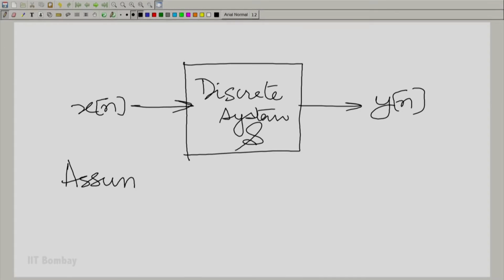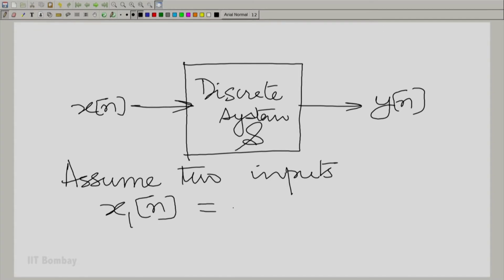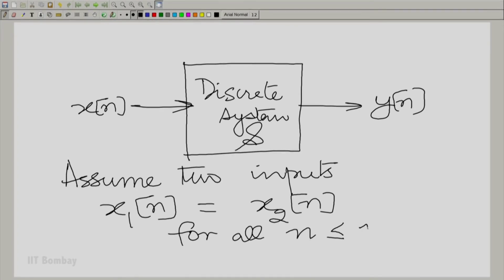in time. So, assume two inputs x1[n] and x2[n], so that x1[n] is equal to x2[n] for all n less than or equal to some n0. Now, for example, n0 could be equal to 0.